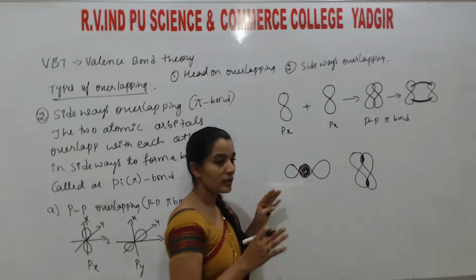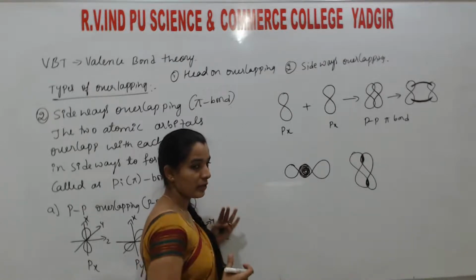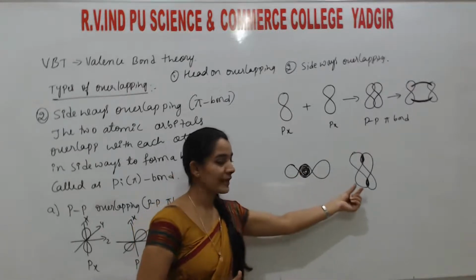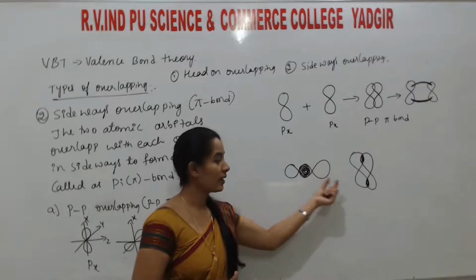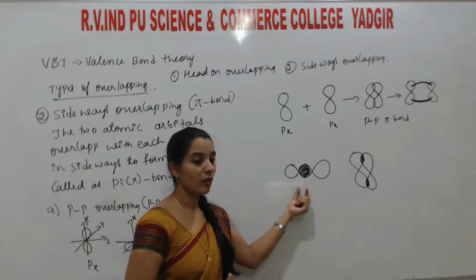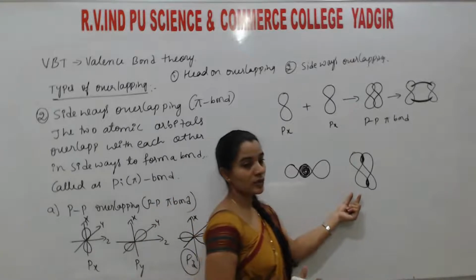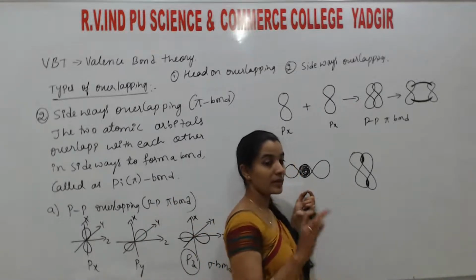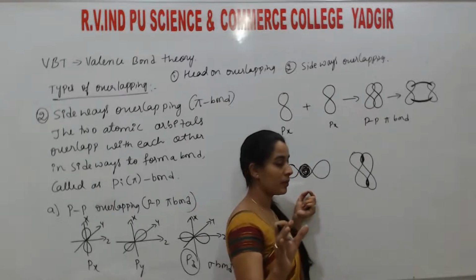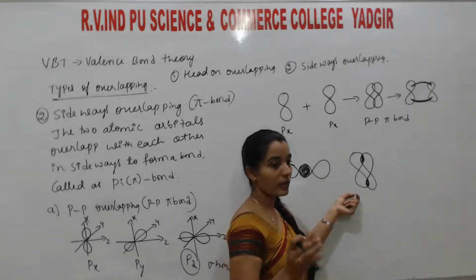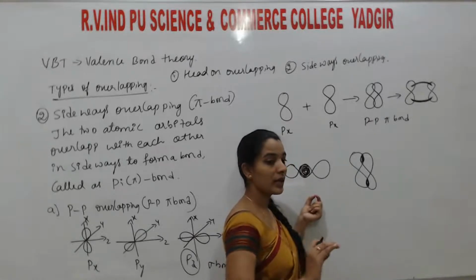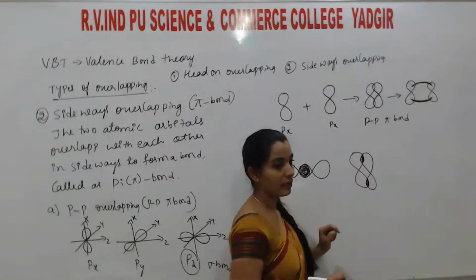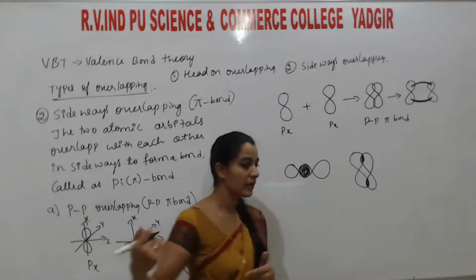Axial overlapping, sigma bond; sideways overlapping, pi bond. Sigma bond is strong, pi bond is weak. This bond, sigma bond, has types SS, SP and PP, and pi bond doesn't have any types. Sigma bond cannot be converted into pi bond, but pi bond can be converted into sigma bond. These are the differences. Later I will write the differences.